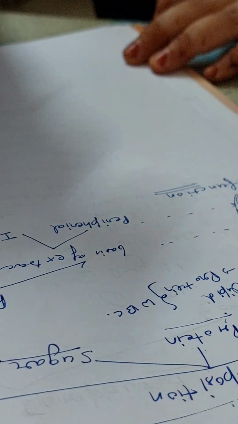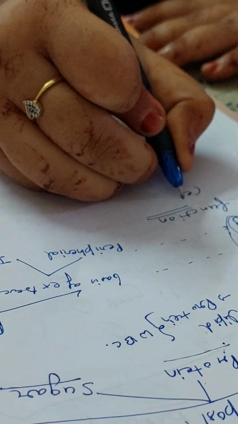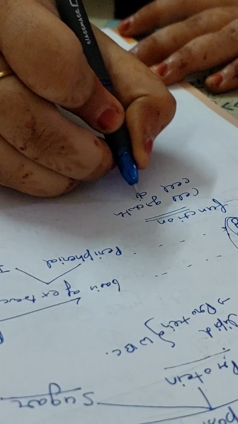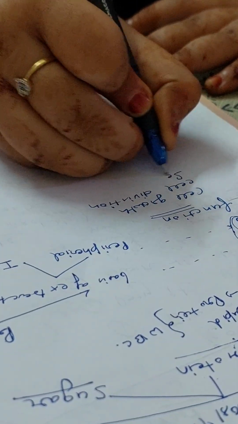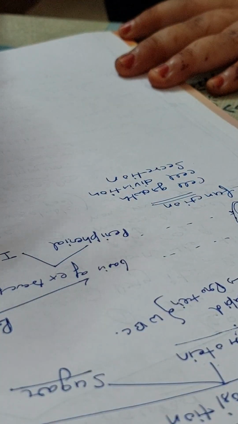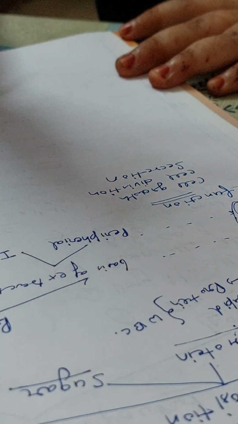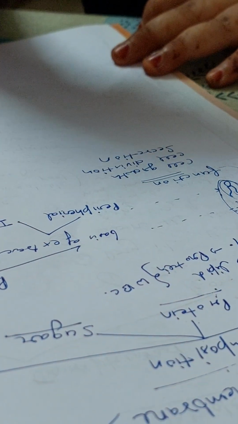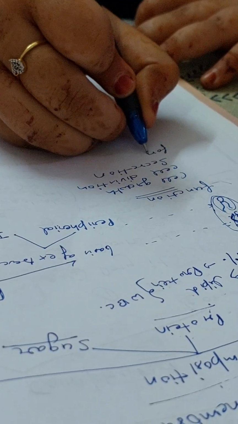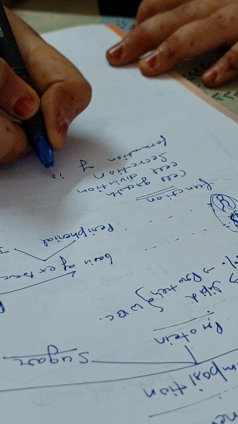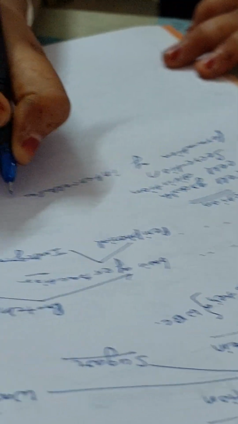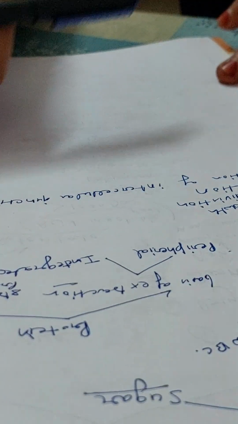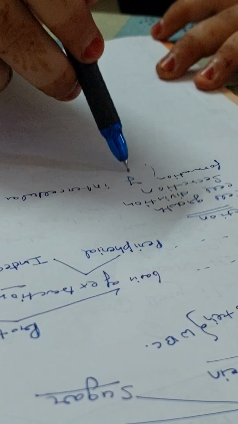Its main functions are cell growth, cell division, secretion, meaning secreting useful or harmful substances, and formation of intercellular junctions. So these are the functions of the cell membrane.